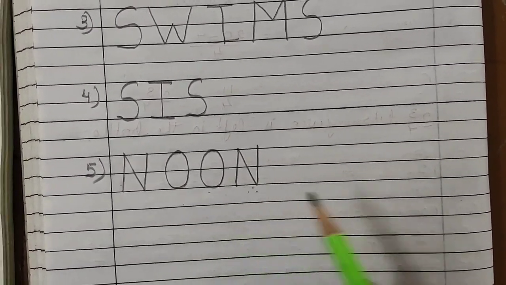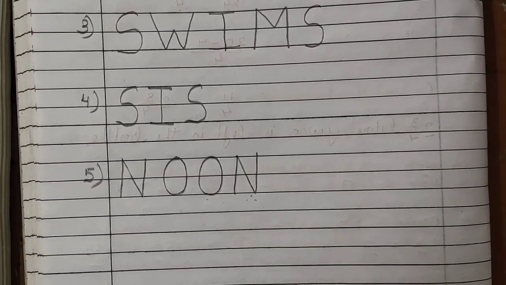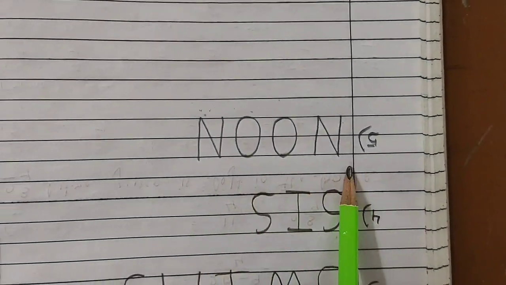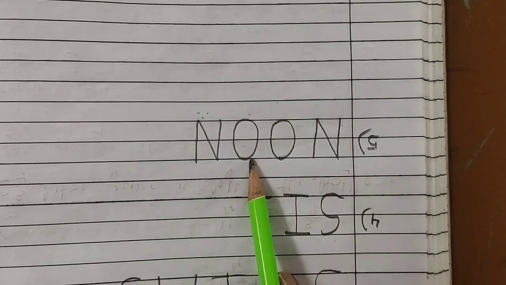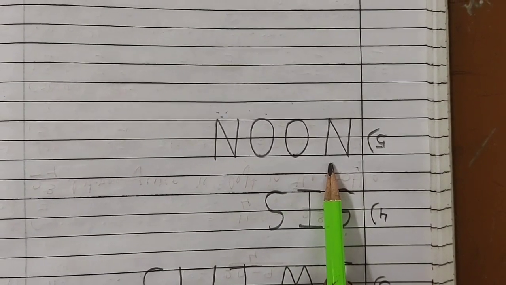NOON, noon. If I turn the book into a half turn, let's check it out. What will it be? We can see it is the same only, noon. So by a half turn of this word, then also we can see it the same.